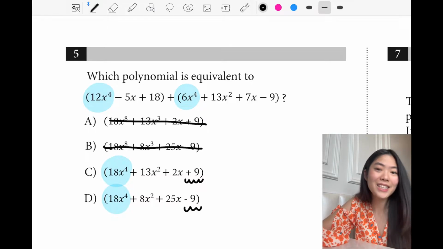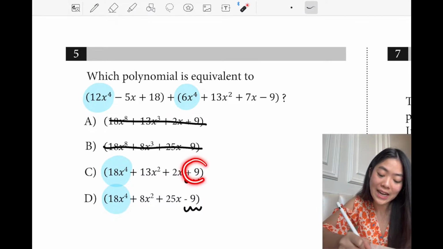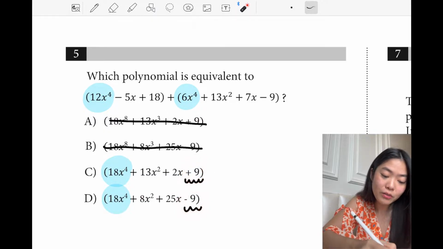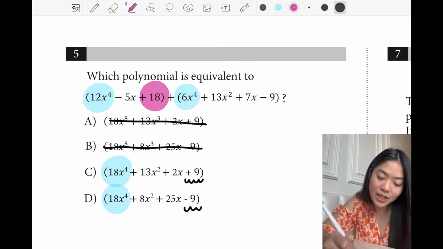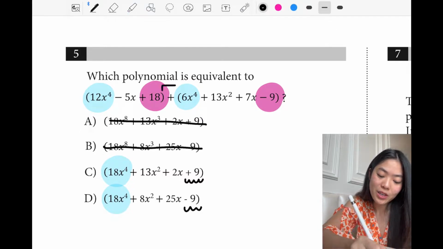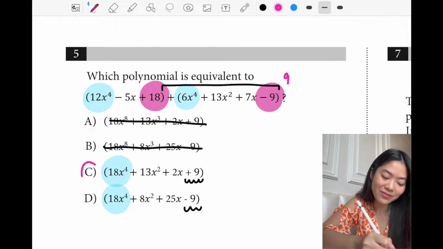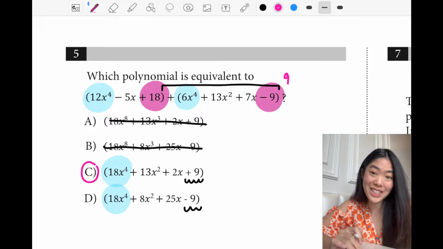Maybe we can take a look at the difference between these two choices, which is the last part here, represented as 9 and negative 9. So maybe we can try to add the constant 18 and negative 9 together. The value is equal to 9. Then we can choose C.